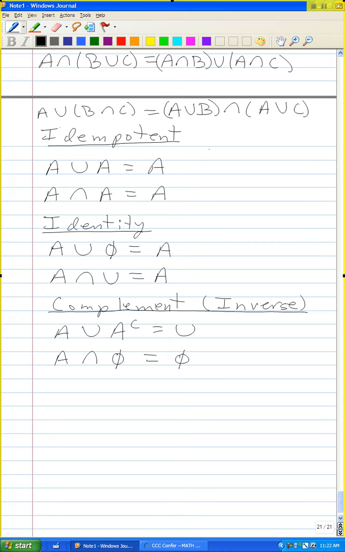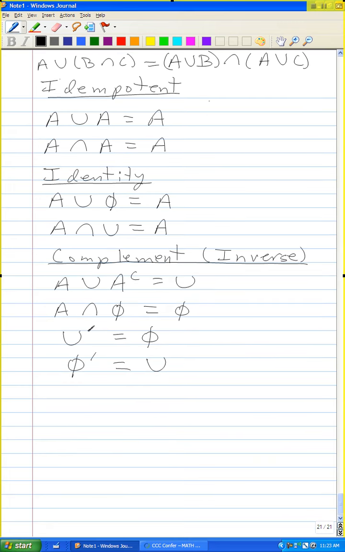Okay. Again, the complement, the opposite: the complement of the universe is nothing, and the complement of nothing is the universe. Okay. And if you have two negatives, they cancel out.